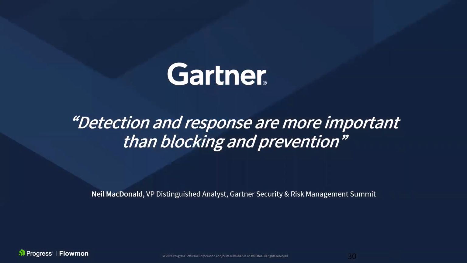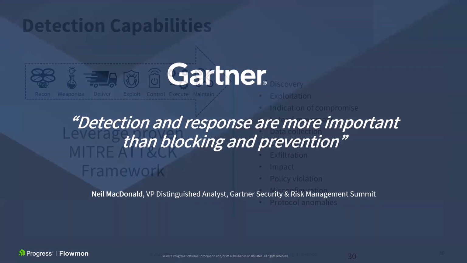Neil McDonald, a very distinguished analyst with Gartner, has said that detection and response are more important than blocking and prevention. Pretty incredible and insightful comment from him. Not only do we agree with this statement, but we've actually built the Flowmon product specifically to enable this notion of NDR, or network detection and response.